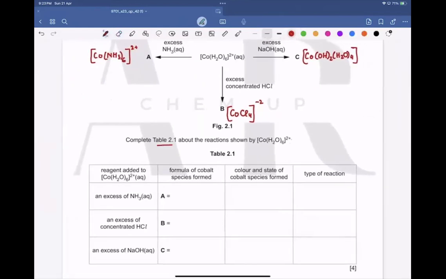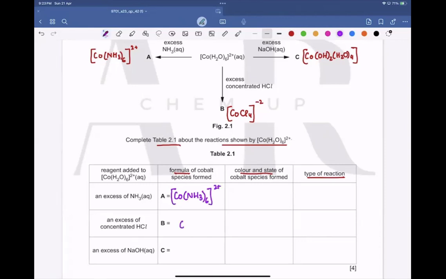Now, complete table 2.1 about the reactions shown by hexaaqua cobalt 2 ion. Okay. So we have already figured out the formulas. So we have to write the formulas, the color and state, and the type of reaction.